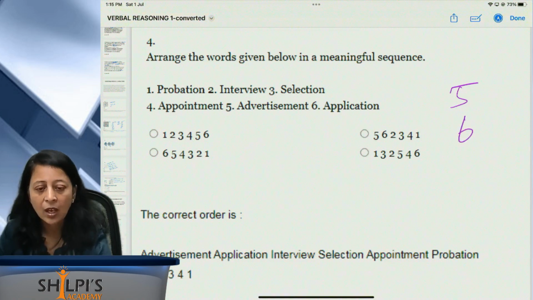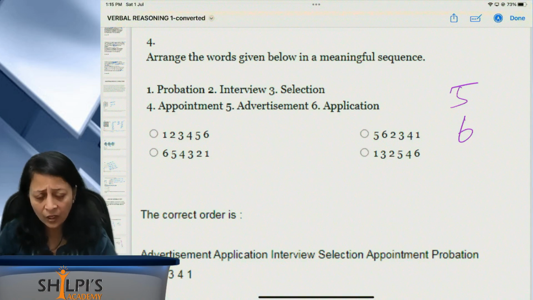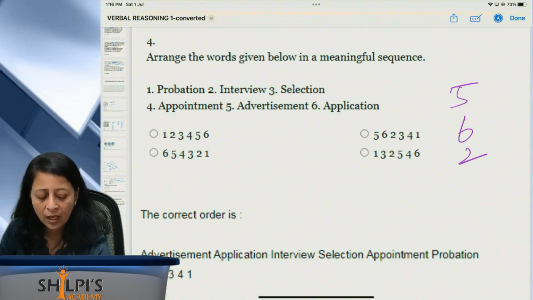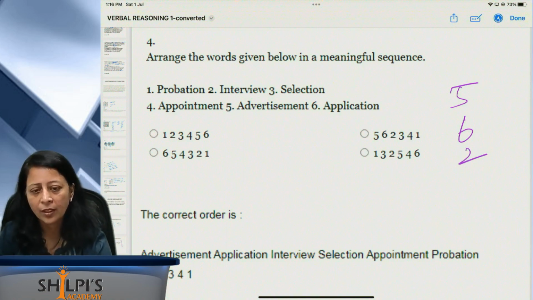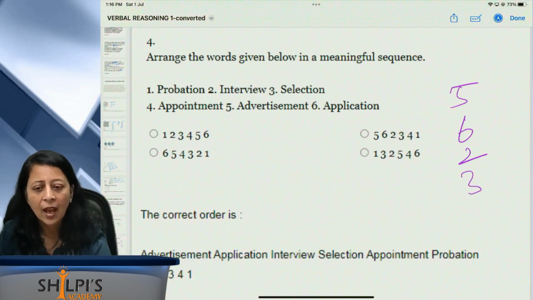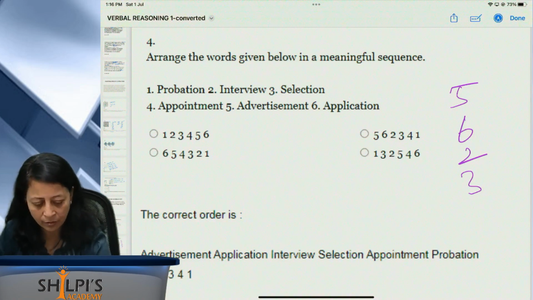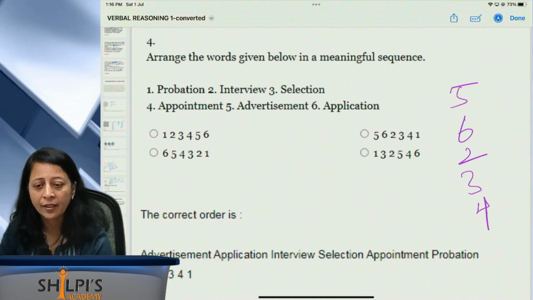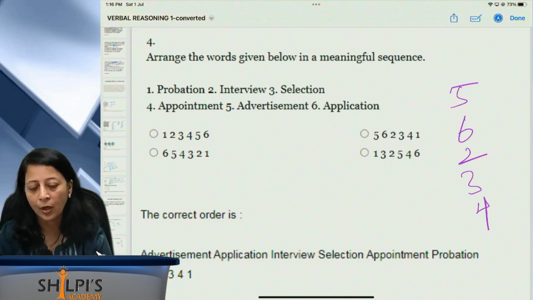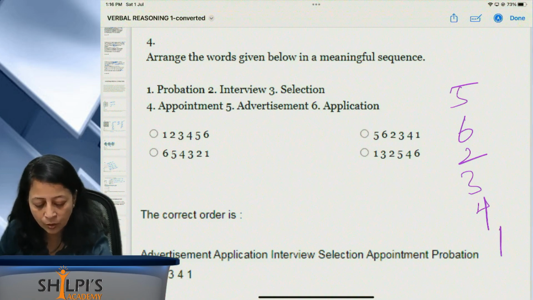After you apply, they will interview the person. After the interview, they will select that person. After selection, they will give an appointment letter. After the appointment letter comes your probation period, where you have to prove yourself. So it is 5, 6, 2, 3, 4, 1.